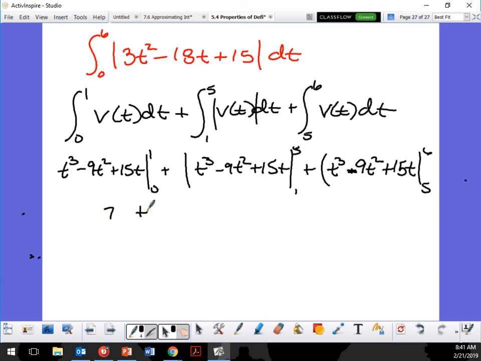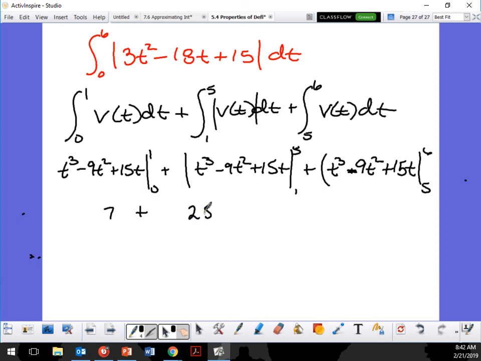Plus 125 minus 225 plus 75, which is negative 25, but absolute value means it's positive.